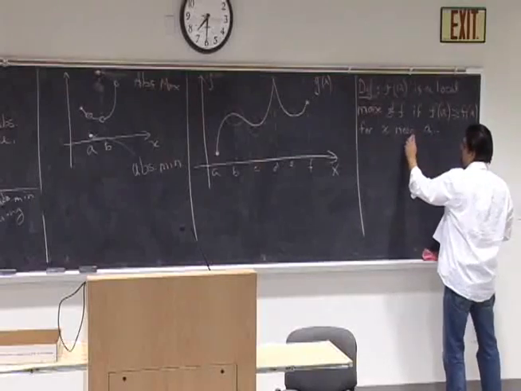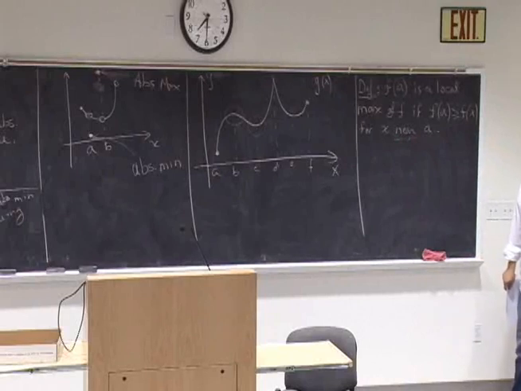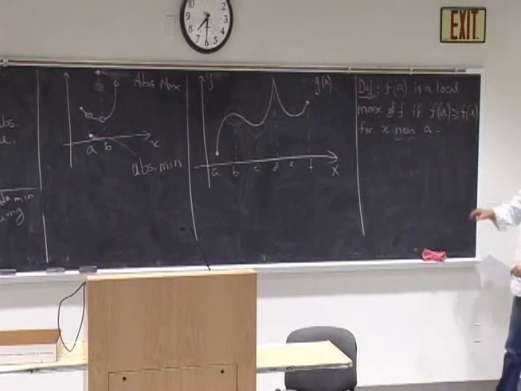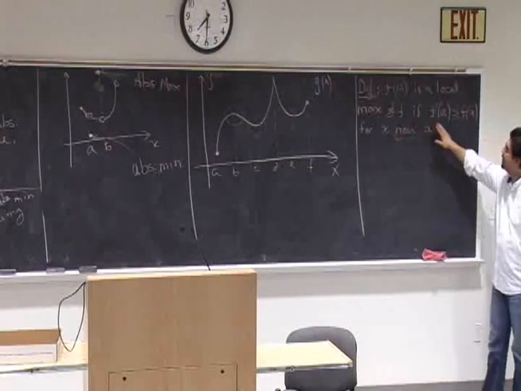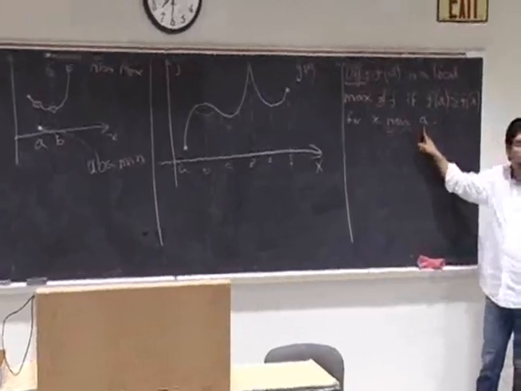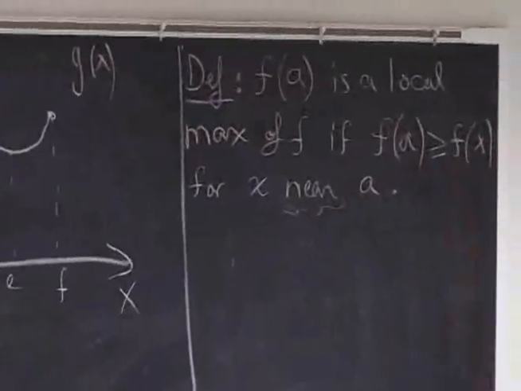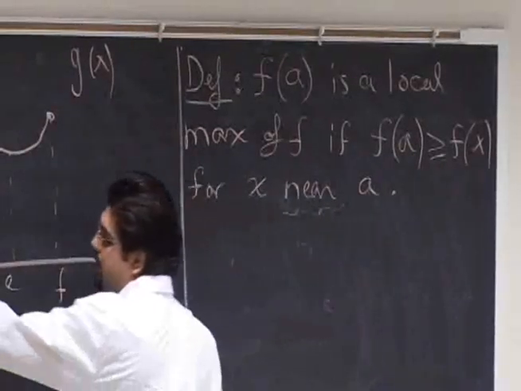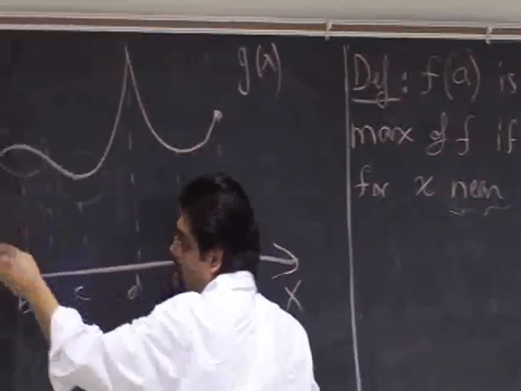And we can make this a little more formal, but I think you get the point. The way to say this formally is to say that f of a is a local maximum if there's an interval containing a, so that within that interval, f of a is the largest value. So for us, here g of b is a local maximum, and this is the interval we can consider right here.